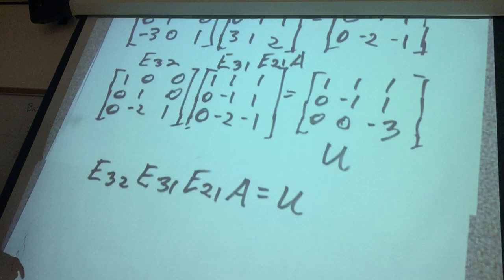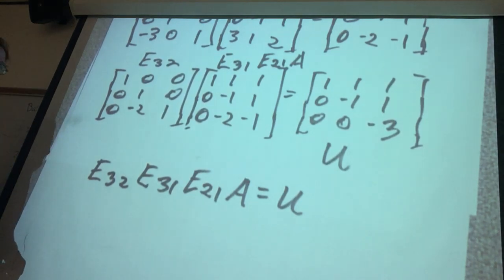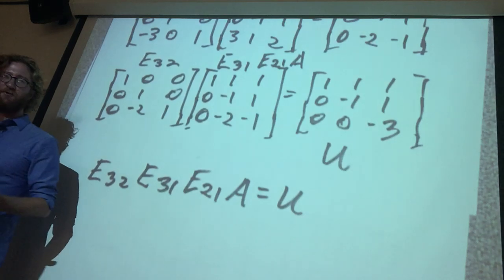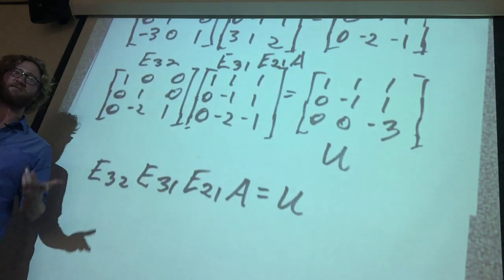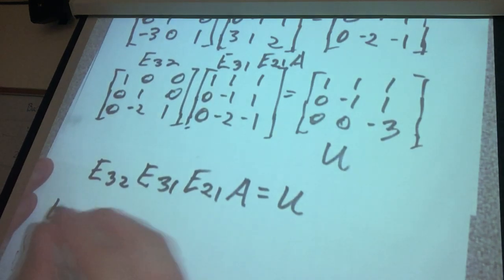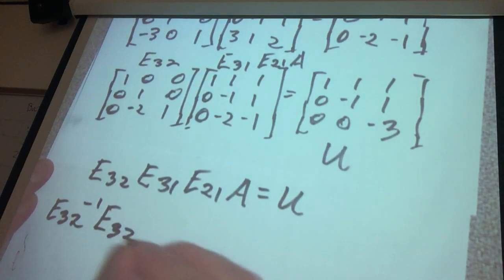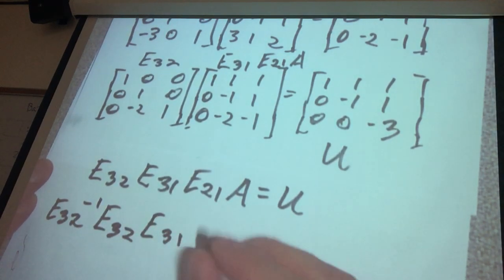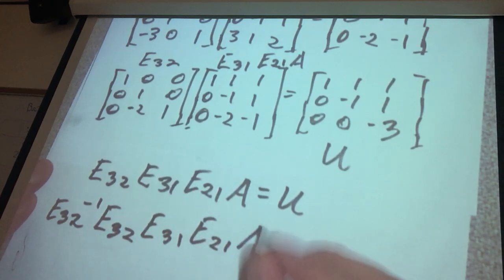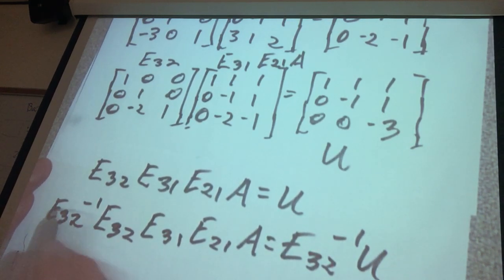So now, if I want to move these E's to the other side of the problem, the first thing I could do is start multiplying by the inverse of the elimination matrices. So if I multiply by E32 inverse, E32 E31 E21A would equal E32 inverse U. Those guys will cancel each other out.